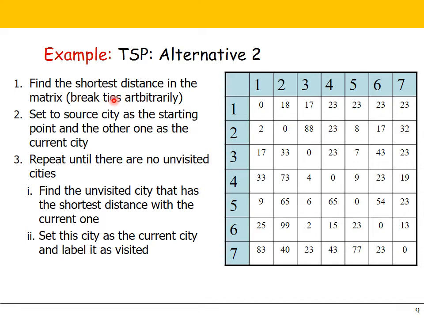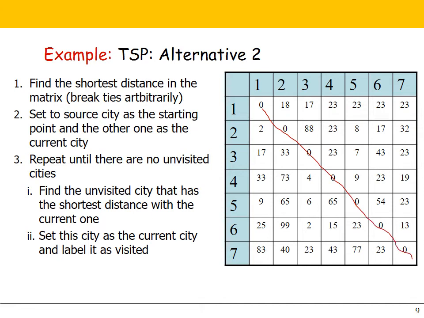If there are more than one shortest distances, we break the ties arbitrarily. If you look in this table, of course, there are zeros, but those zeros are going from 1 to 1 or 2 to 2, so we are not allowed to do that. Do not consider this diagonal here.